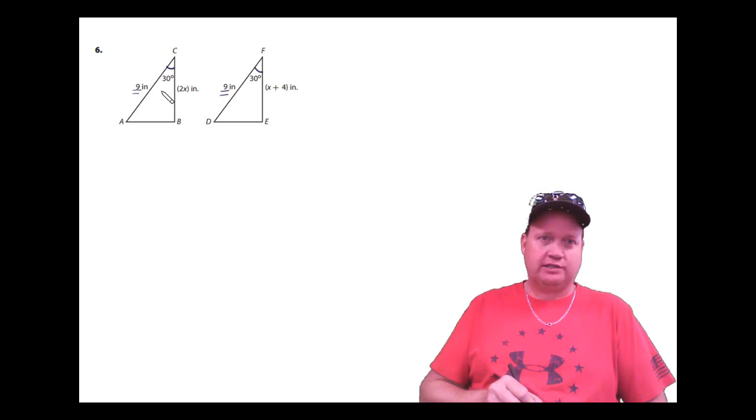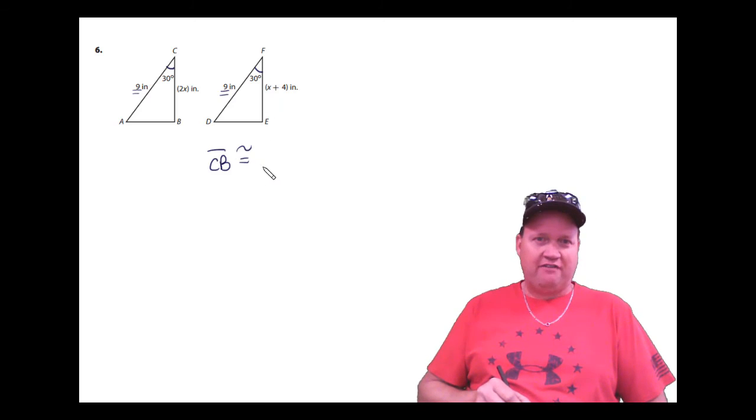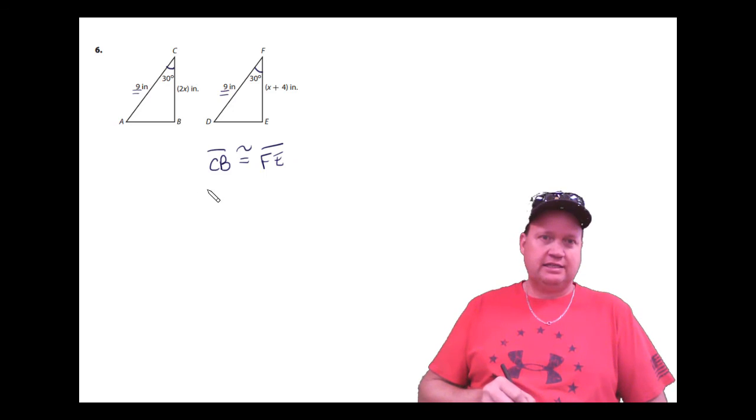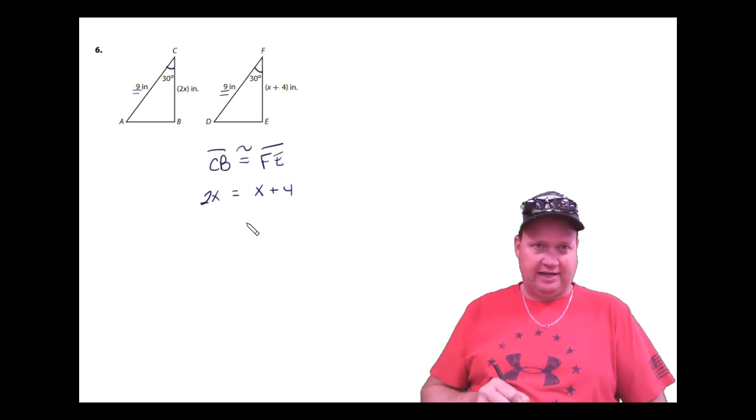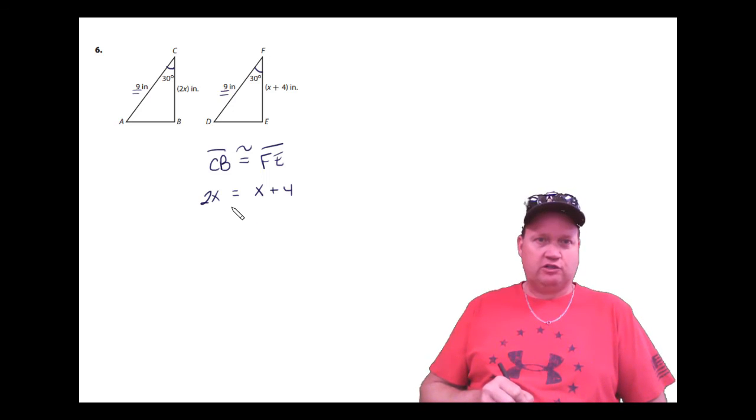So that's one side and one angle, and therefore these two sides here must be the same. So however long CB is, CB has to be congruent to FE. And if you take a look at how long CB is, 2x, and FE is x plus 4, and then that just becomes a one-step equation. You can solve and find out the value of x that makes it true.